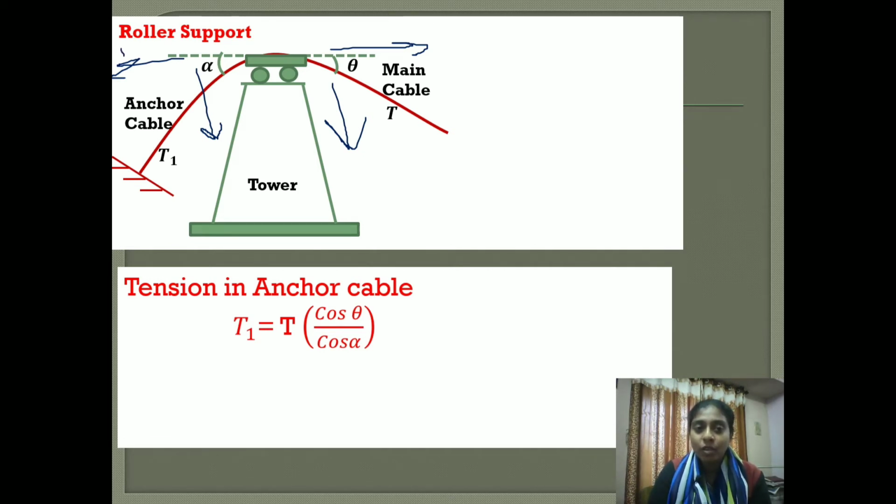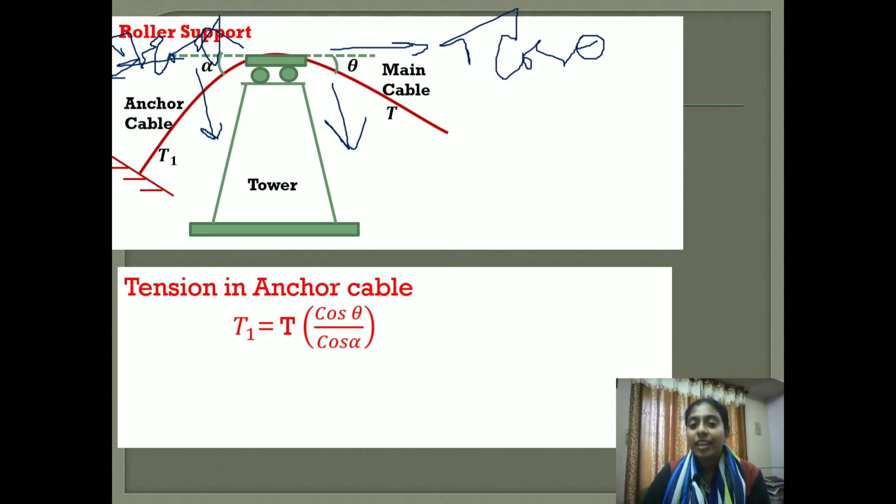So T1 cos alpha is equal to T cos theta. So T1 is equal to T into cos theta by cos alpha.